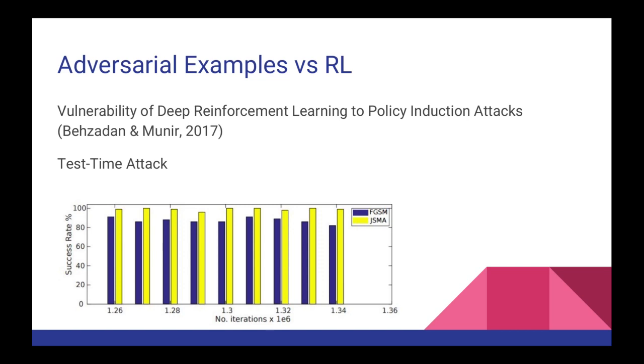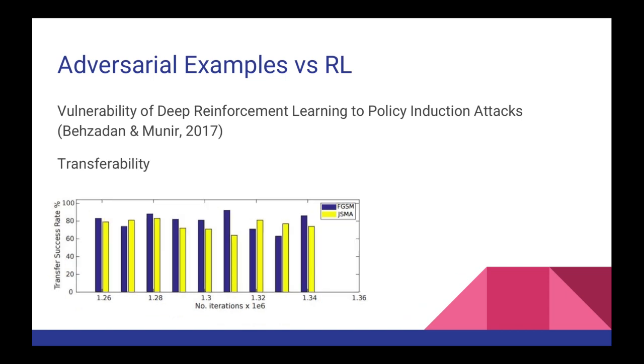Of course, this is a test time attack, so we stopped the training at certain times, implemented our test, and then let the training carry on afterwards. In terms of transferability, you can see that both methods are capable of generating adversarial examples that are transferable more than 75% or 80% of the time, which means that black box attacks are possible and feasible against DQNs.